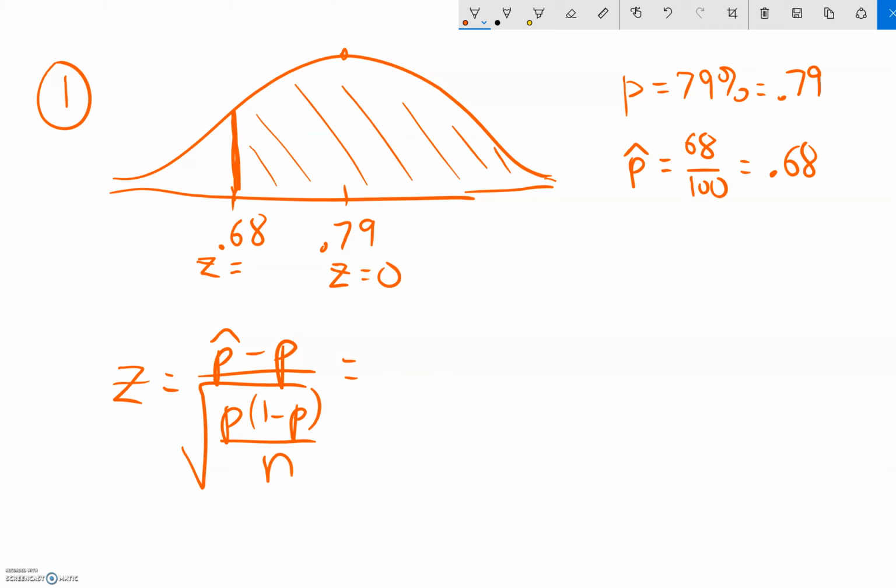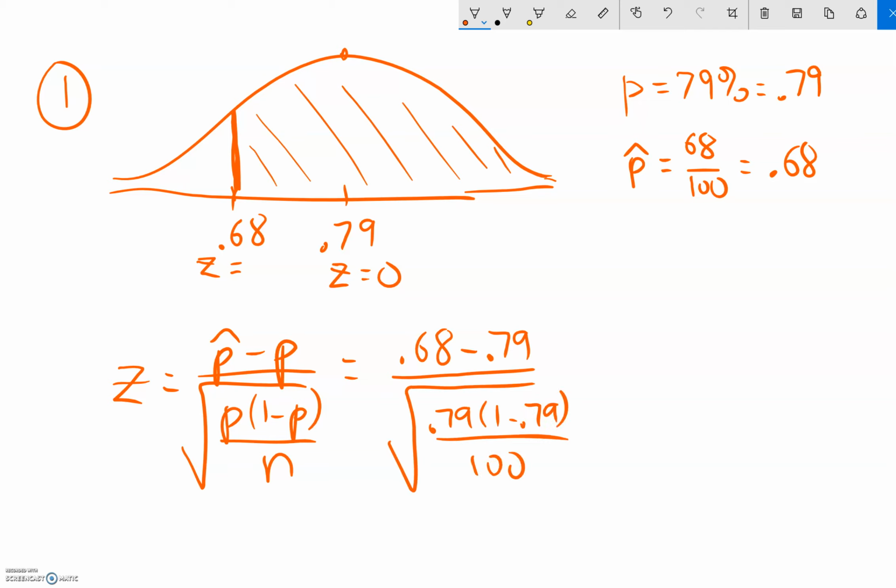So if we substitute in what we know, p hat is 0.68, p is 0.79, and n is 100. Now, I want to stress to you the importance of putting that numerator in parentheses when you get ready to evaluate this on your calculator.